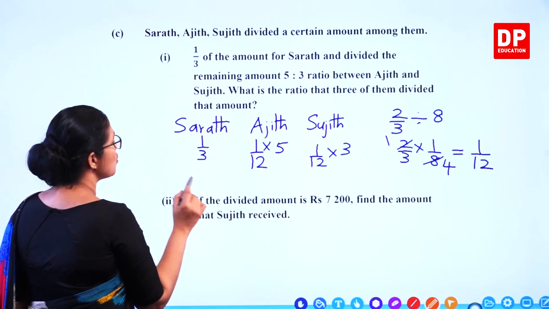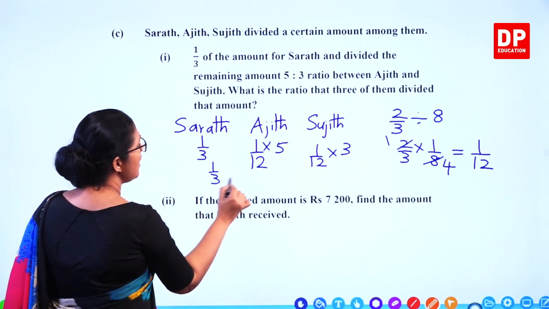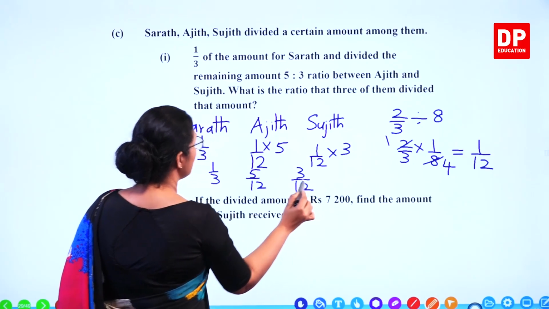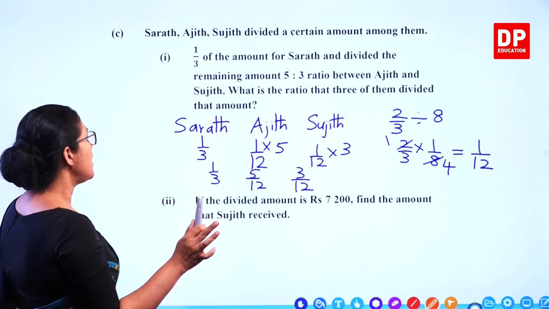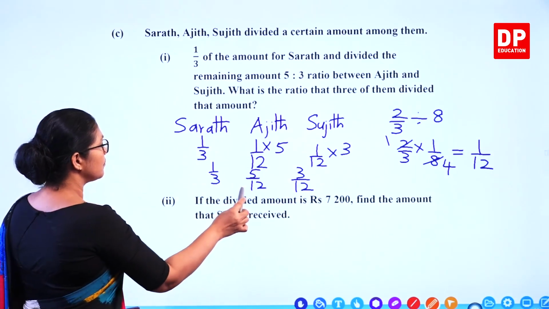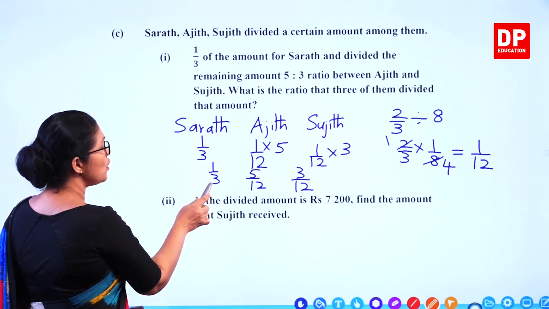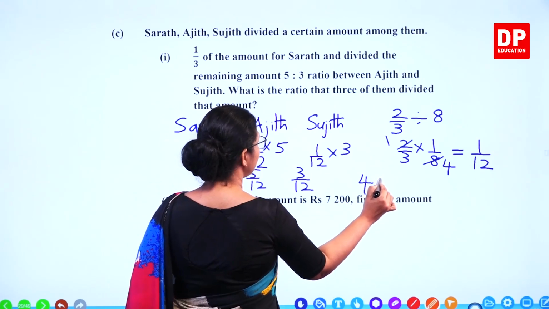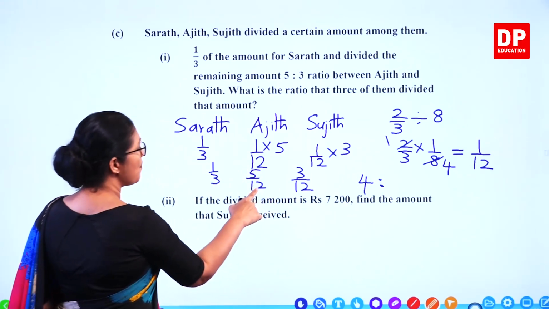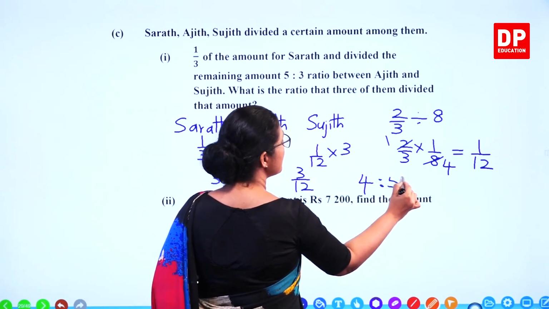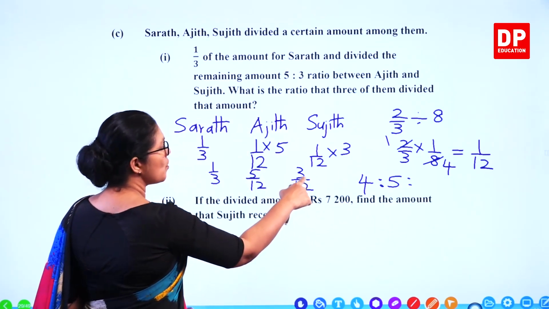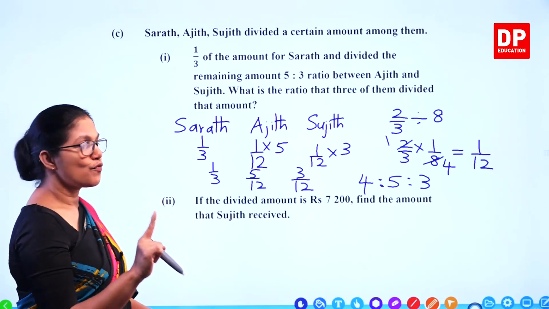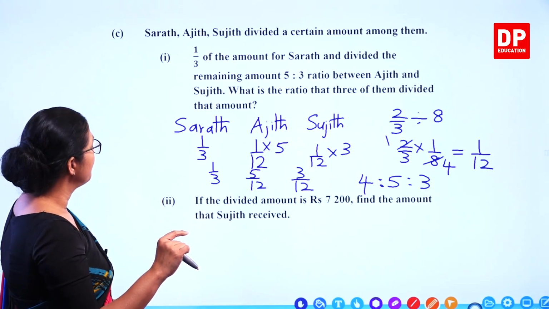Now as a fraction you can write 1 over 3, 5 over 12, 3 over 12. Multiply everything by 12. When you multiply by 12, you need to multiply this by 4. So you get 4, then 5. When you multiply by 12, this becomes 3. So what is the ratio? 4 is to 5 is to 3.